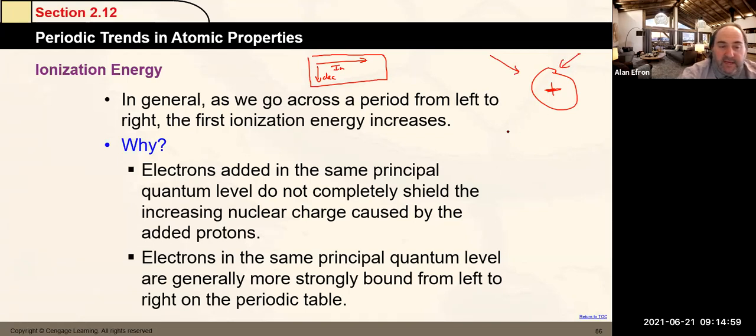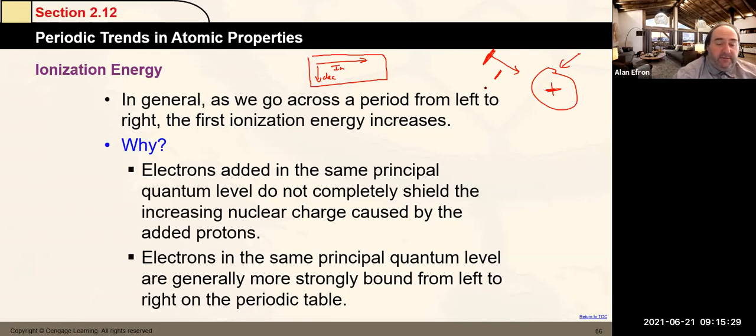Because of the higher atomic number going to the right, everybody gets condensed in. Even your furthest valence electrons find themselves closer in, which means they are held tighter because the effective nuclear charge is larger than it would be to the left, and it takes more energy to remove those electrons.